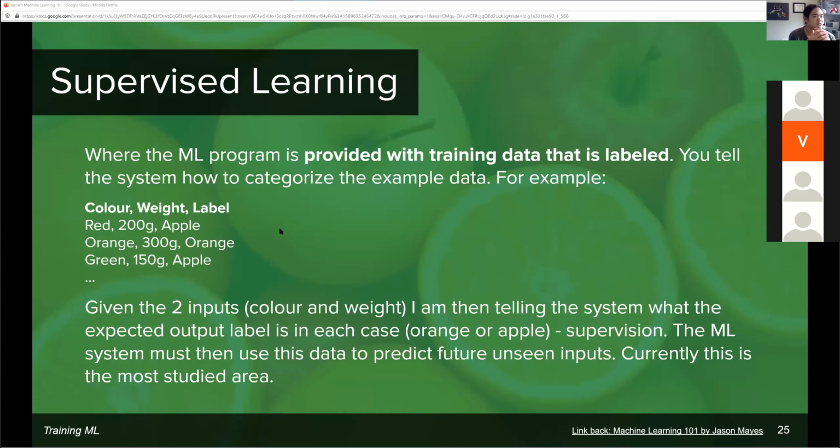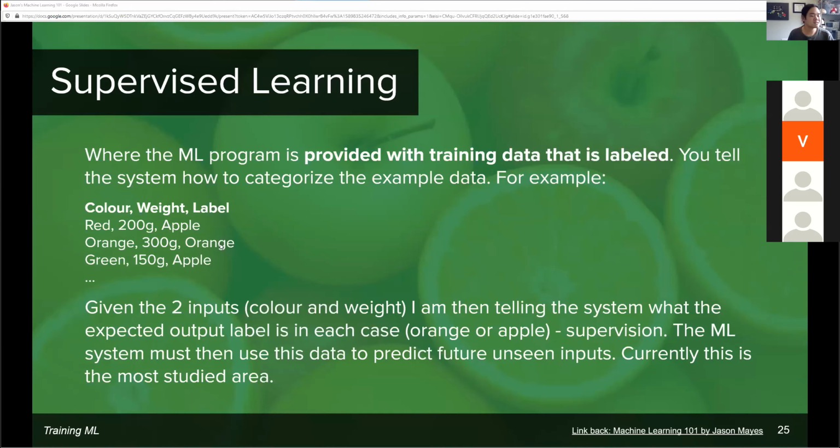So supervised learning starts off with labeled data. You know what you're starting with. You're telling the system, this is an apple, it's red, it's this weight.